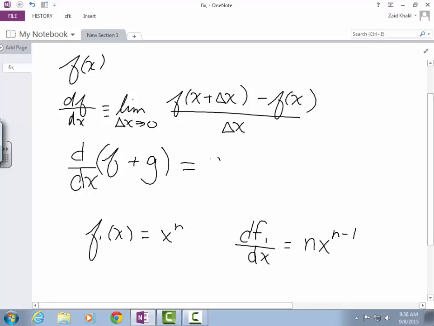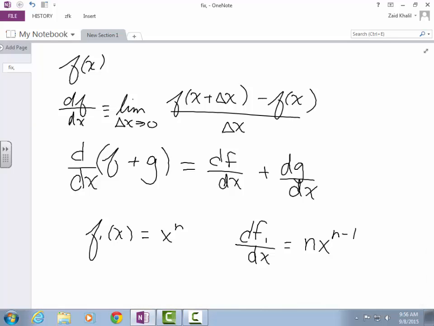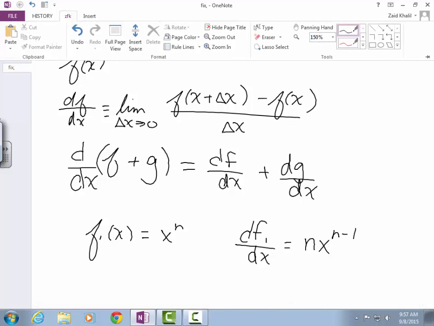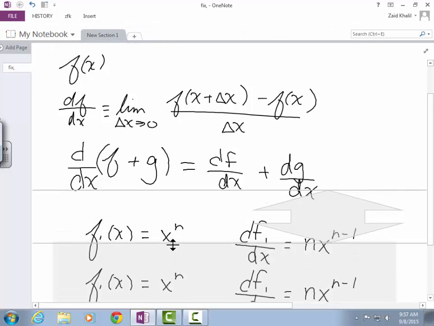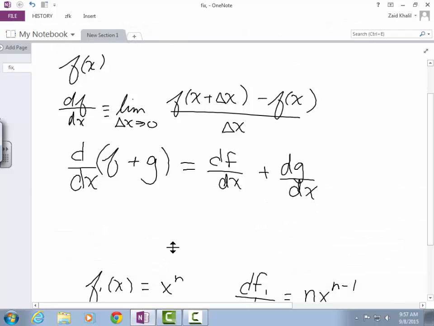Correct. This is equal to df dx plus dg dx. This is a property. It can't be proven. Well, no, you can prove this. It's just like a distributive property. Effectively, yes. It's fairly straightforward. There's no need for me to prove this. If you want me to prove this, this is an after-school exercise.